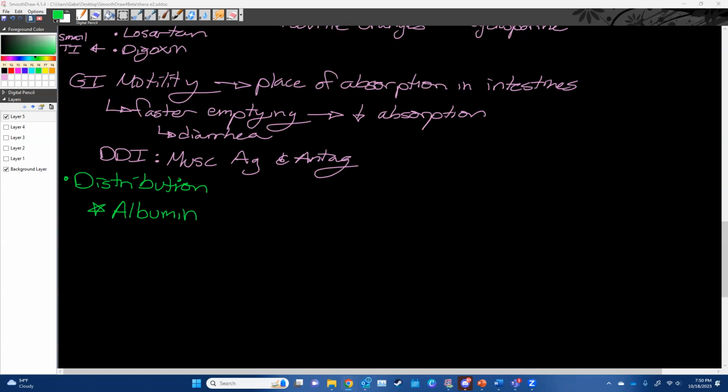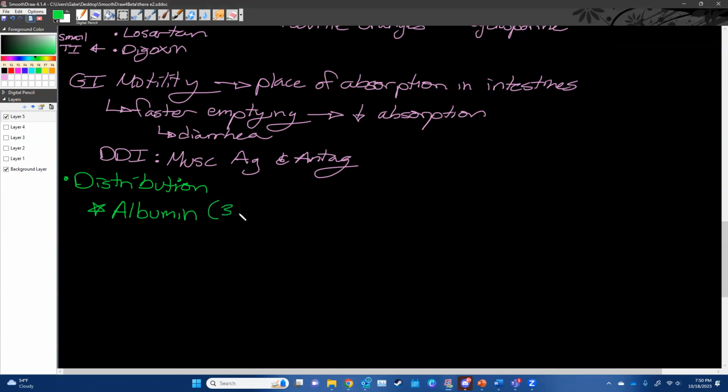What I will tell you is that having the albumin range memorized in the back of your head is going to be the best benefit that you can give yourselves. 3.5 to 5. The reason why I mention this is because albumin is directly related to the protein content of the body.